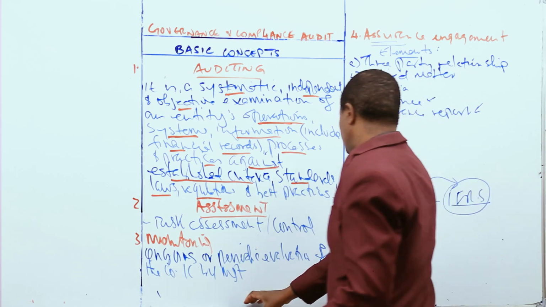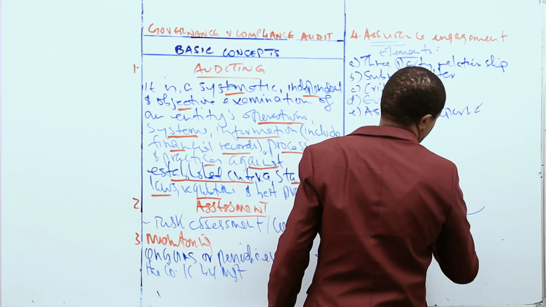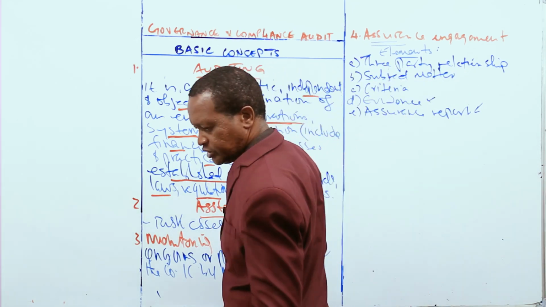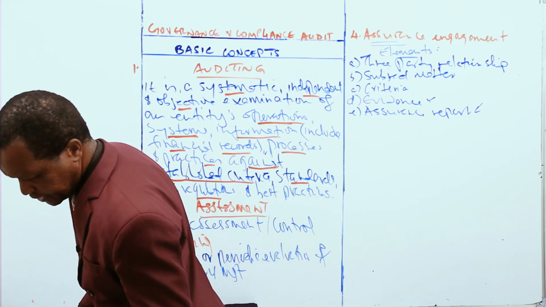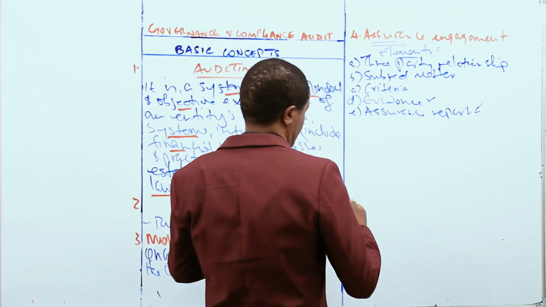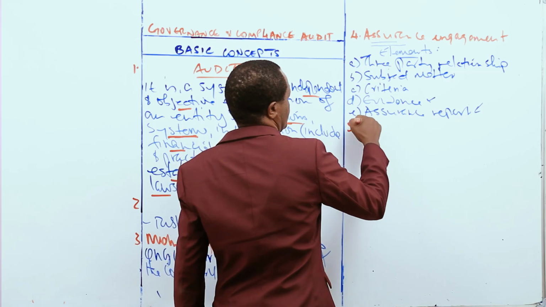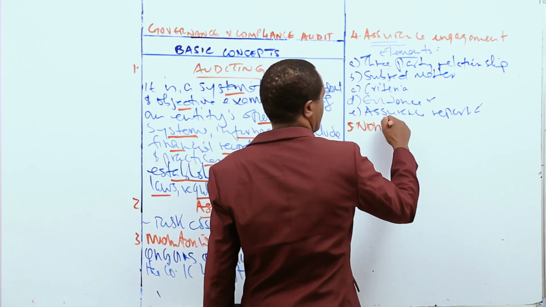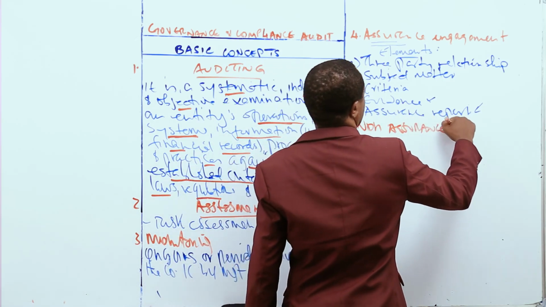Now let's move to the next element, which is number 5, non-assurance engagement.